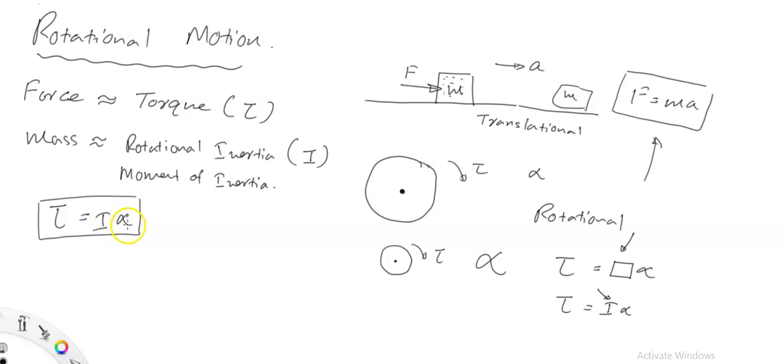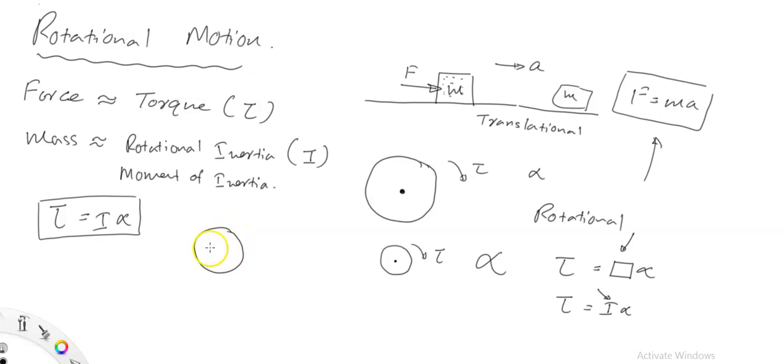So when you apply a net torque, it gives you an acceleration, and torque is equal to the rotational inertia of the object multiplied by acceleration. Now what is this rotational inertia? Is it the mass, or is it something else? Is it more than that? So rotational inertia of an object, we define it for a rotating object, right?